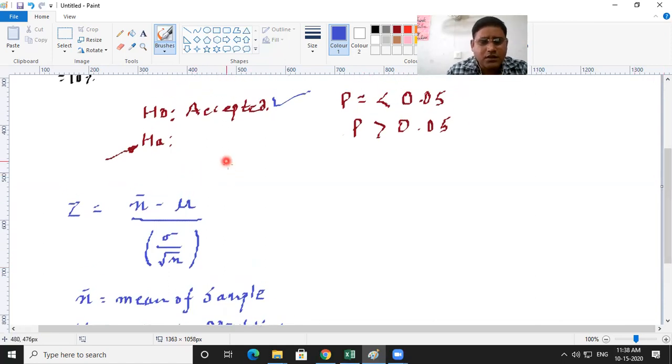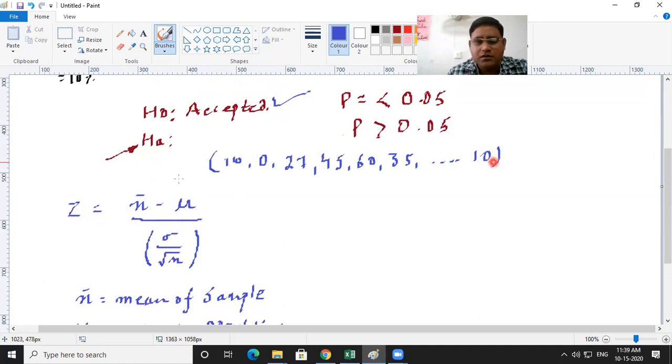Let us suppose I have scores of batsmen, and I have these scores: 110, 0, 27, let us say 45, 60, 35. In this way, I'm having a data. So these are scores of batsmen.